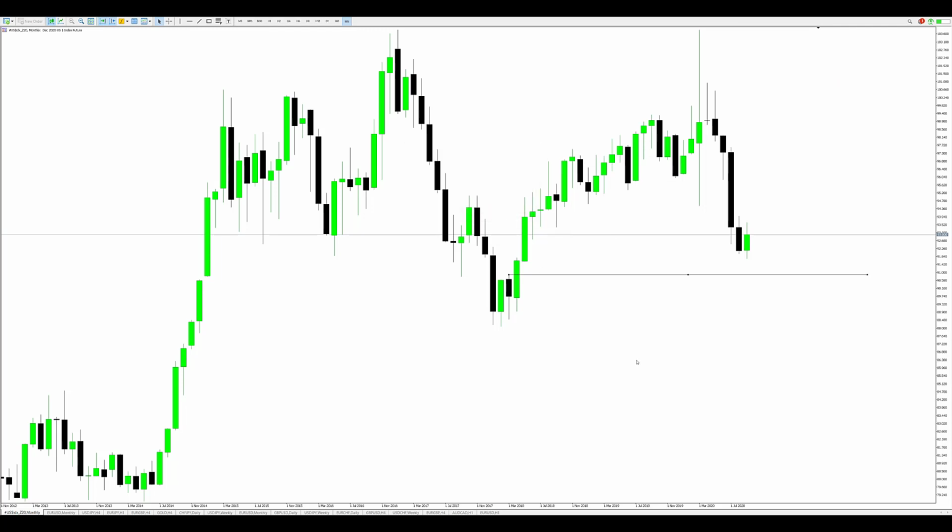That's the high of March 2018. Then we also need to highlight the current September low, the low of our current month, coming in at 91.725. This low here, 91.725.